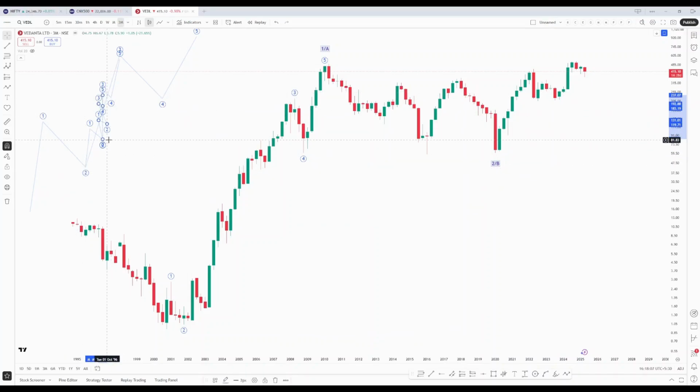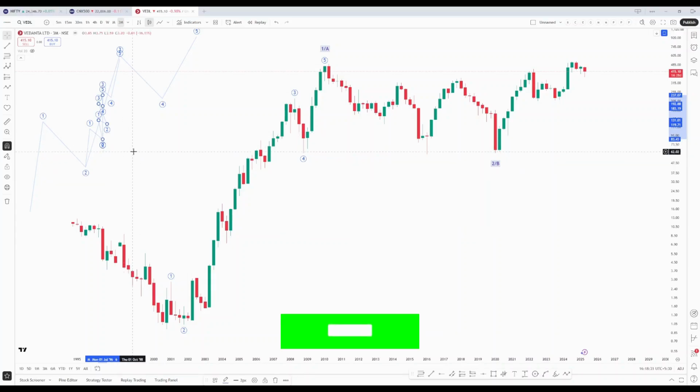So now basically we have 1 through 13. So basically we can have 5 plus 4, 9, plus 4, 13, plus 4, 17. So these are all valid counts for impulses.